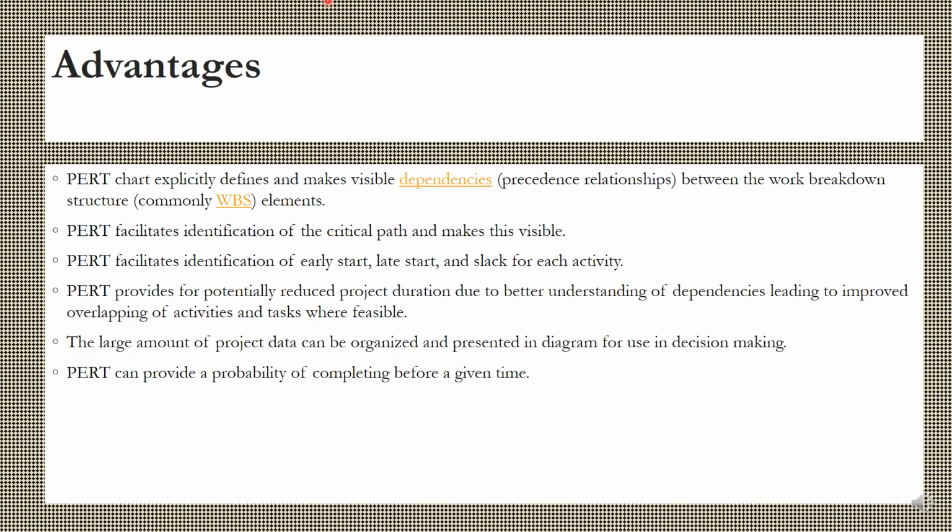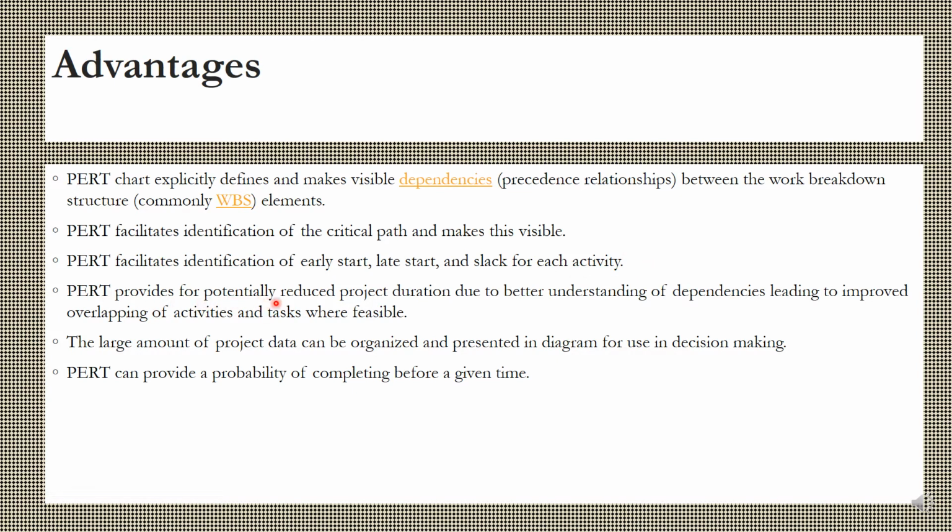Now what are the advantages? A PERT chart explicitly defines and makes visible dependencies between the work breakdown structure, that is known as WBS. PERT facilitates identification of the critical path and makes this visible. PERT facilitates identification of early start, late start, and slack for each activity.